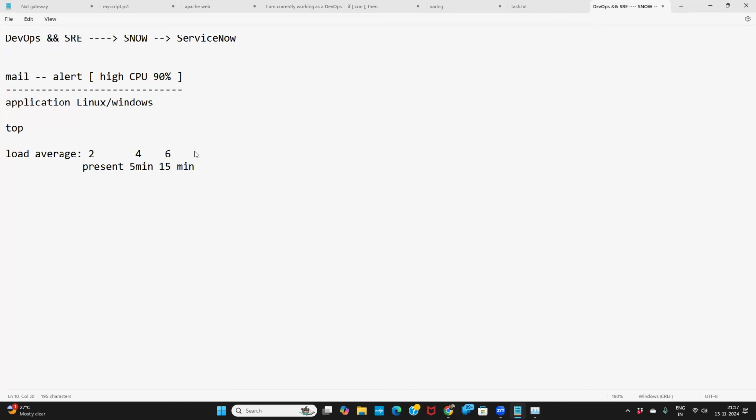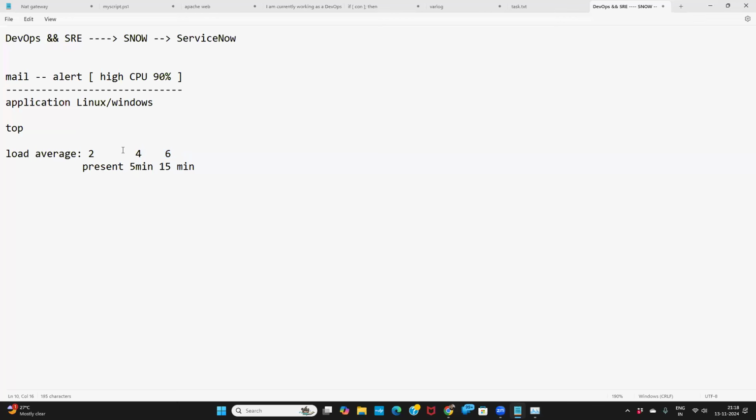Try to understand. 15 minutes back, there was a 6. 5 minutes back, it reduced to 4. At this moment, it is further reduced to 2. So what do you understand with this? Is the load increasing or decreasing? Decreasing. The load is gradually decreasing.